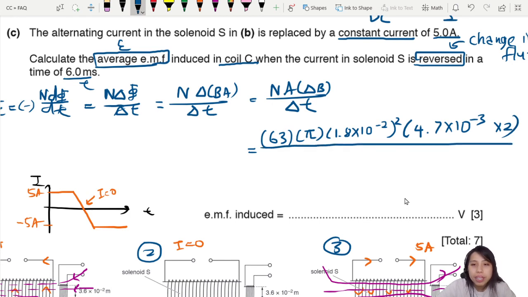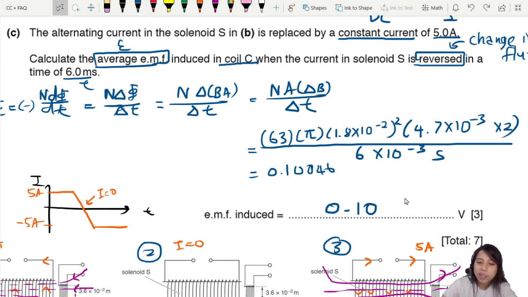Divide by time, which is 6 milliseconds, so 6 times 10 negative 3 seconds. If all goes well, I should get 0.10046, something like that. Final answer, I'm going to keep it to 2SF, so I'm going to put 0.10.